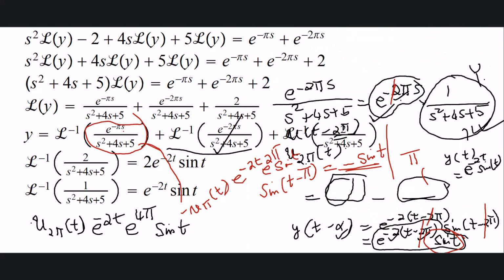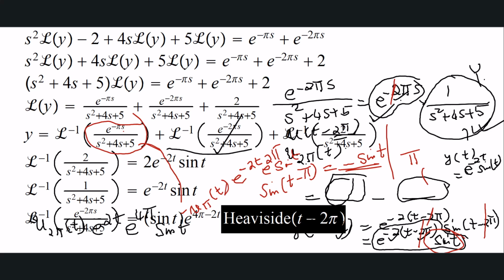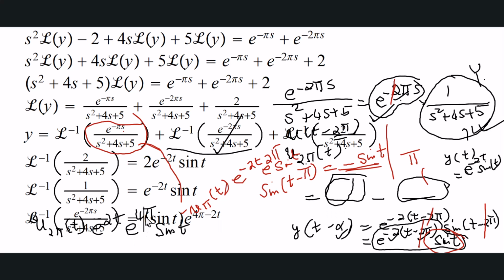So now I shall minimize this here, and first I am writing this down, and after writing it down, I'll erase it. Okay, so that's the same thing. This Heaviside t minus 2 pi, I can bring it in front.